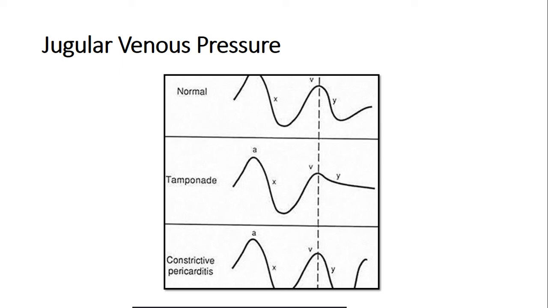The diastole will not continue because the constrictive pericarditis will not allow the right ventricle to expand fully to receive the whole amount of the blood.